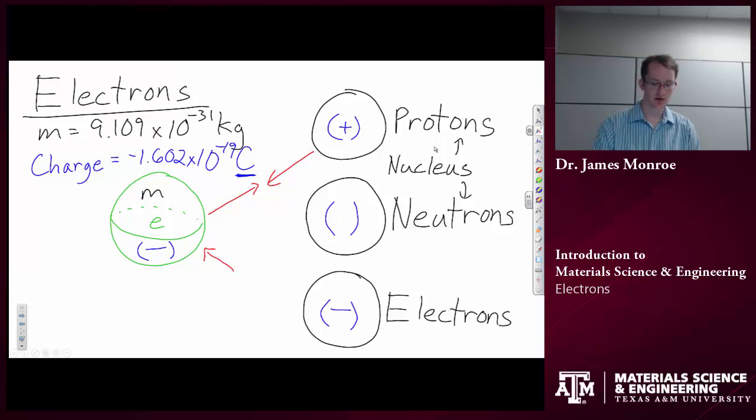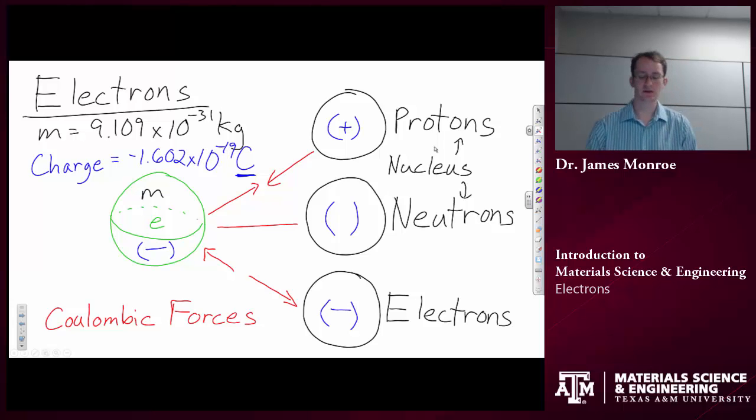So you have a repulsion between two charges that are the same, two electrons. And a neutron doesn't matter. There's no attraction or repulsion. An electron doesn't really care that a neutron is there. And these things are called coulombic forces. These are the forces that bind an atom together.